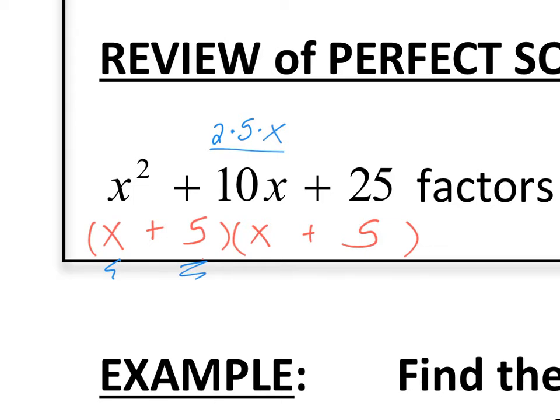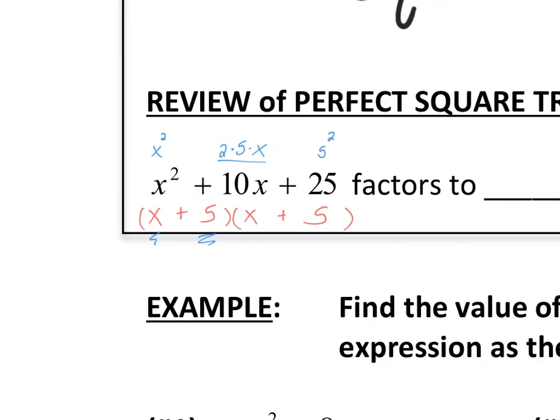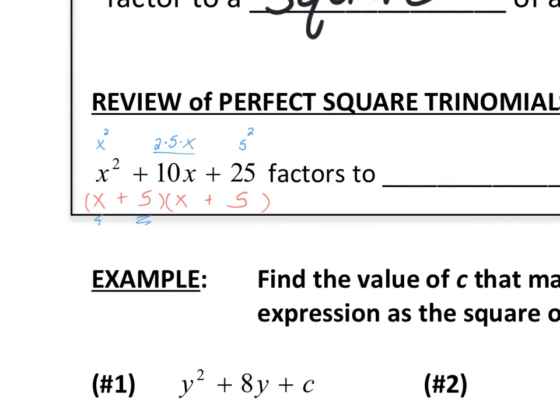So the first part is x squared. The last part is 5 squared. And the middle is 2 times 5 times x. This is the form of a perfect square trinomial. And how you would write this would be x plus 5 times x plus 5 is x plus 5 squared. Okay, this is a perfect square trinomial.